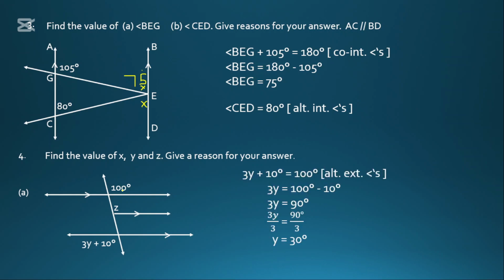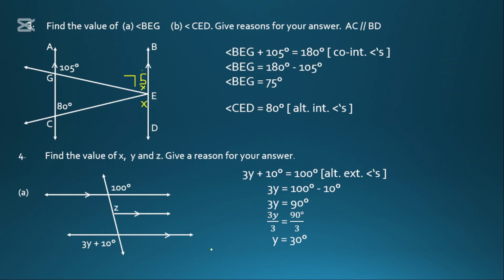So 3y plus 10 is equal to 100, alternate exterior angles. 3y is equal to 100 minus 10 degrees. We get 90 degrees. So 3y is equal to 90. Divide each side by 3, and y is equal to 30 degrees.